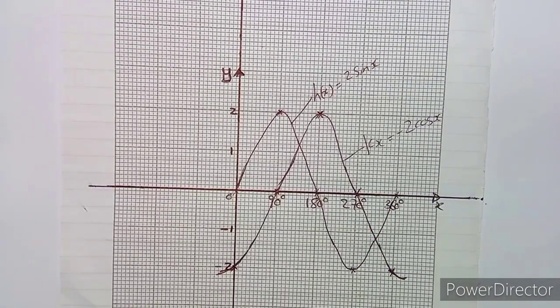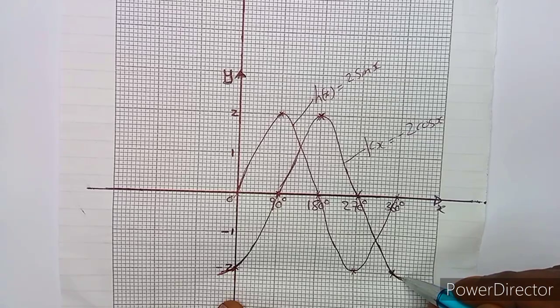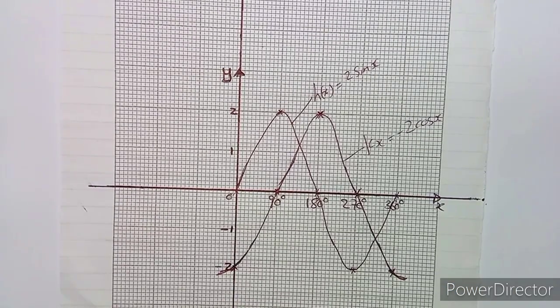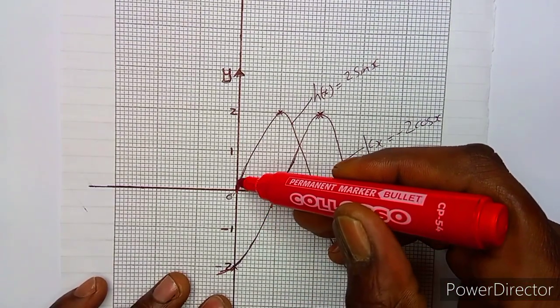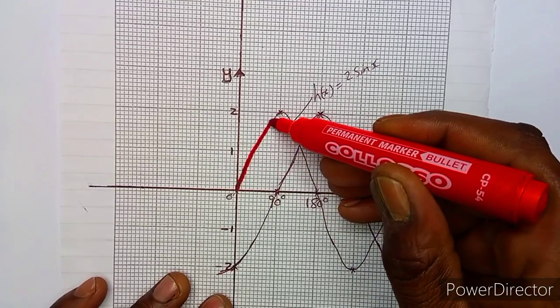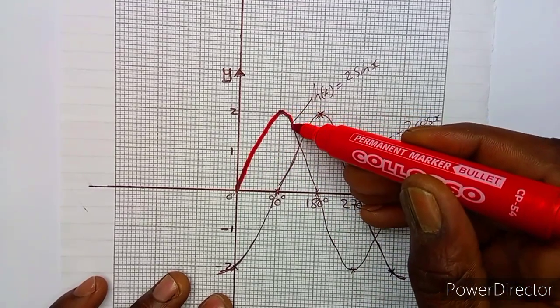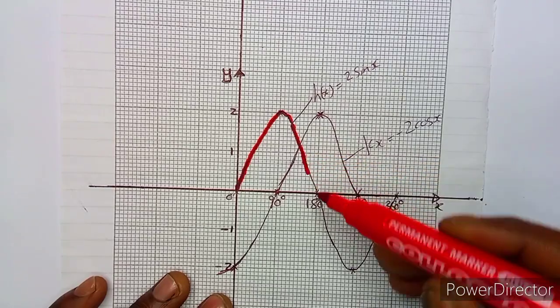So that's how these graphs were supposed to look. I just thought maybe this could affect them so that they can be slightly different.